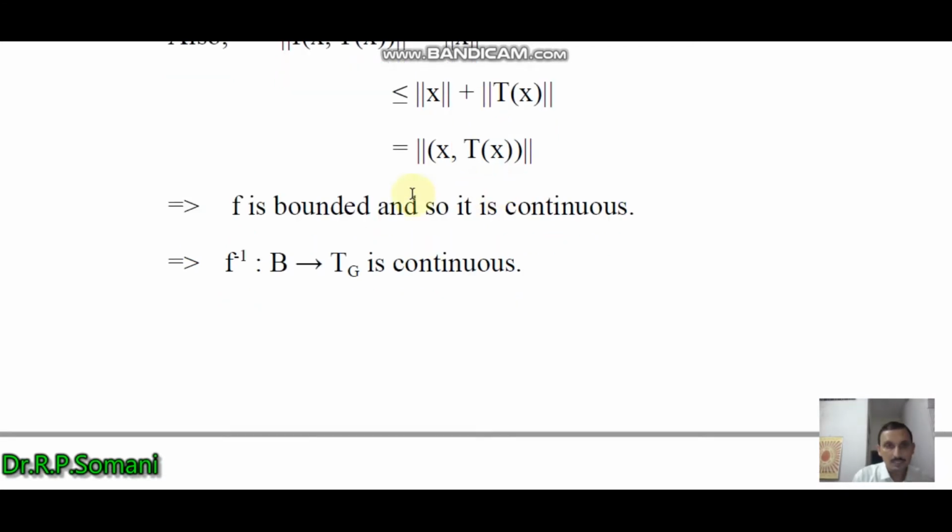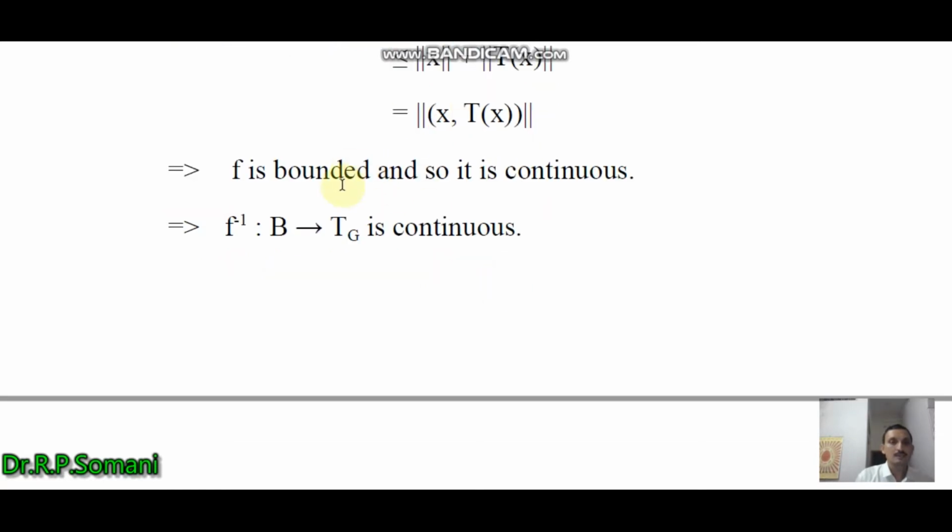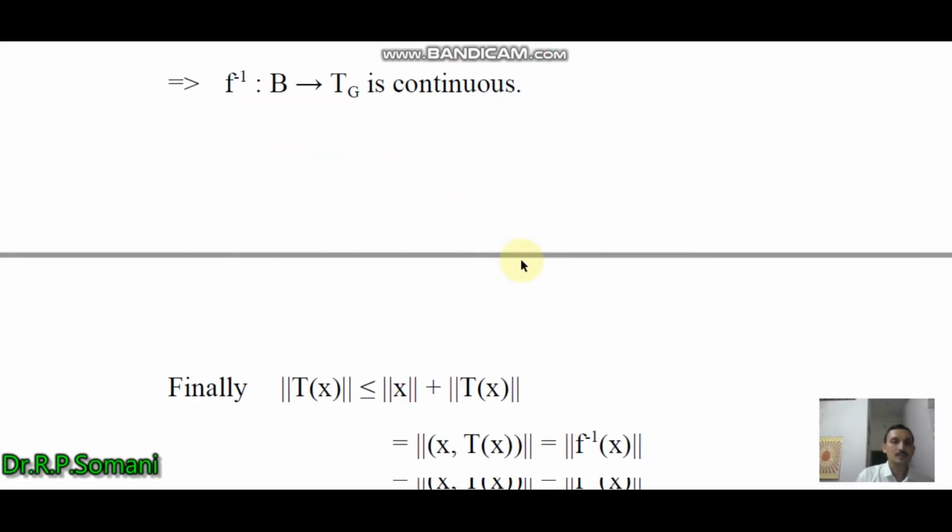So this implies that f is bounded and so it is continuous, and therefore f inverse from B to Tg is continuous also. If f is one-one, onto and continuous, then f inverse should exist and it is continuous also.